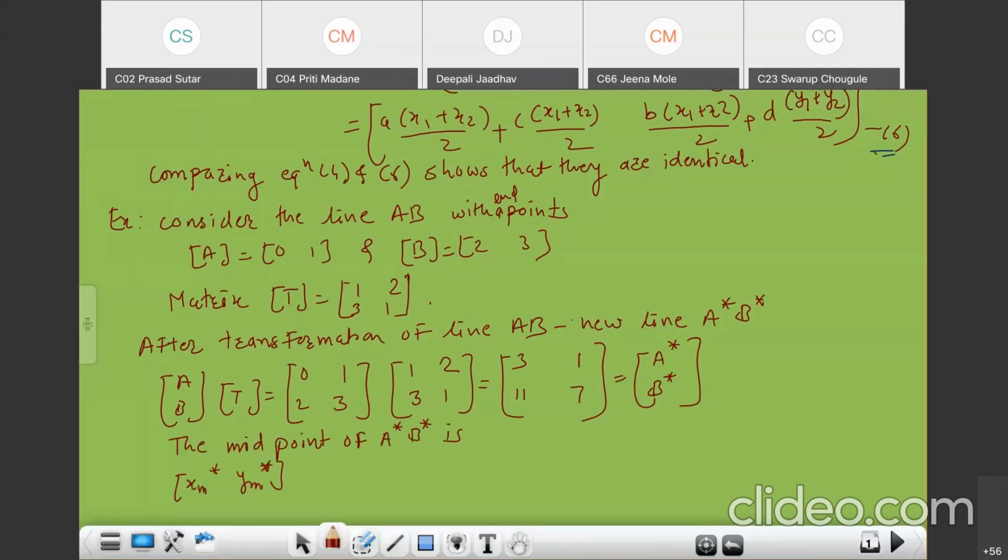As it is a transformed line, we use the asterisk symbol. Xm star, ym star means the midpoint of the transformed line.